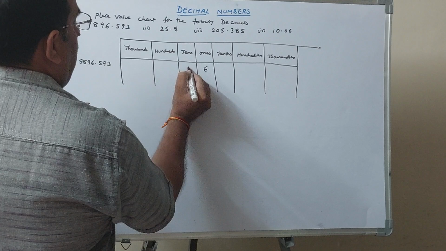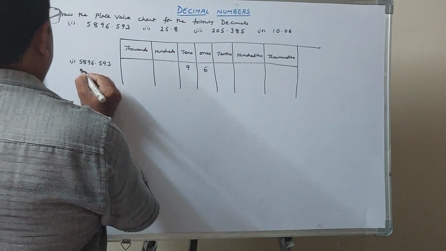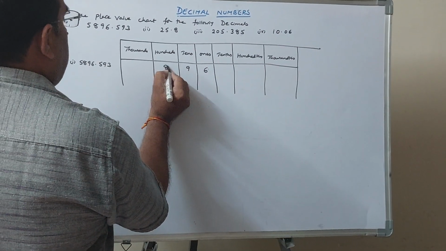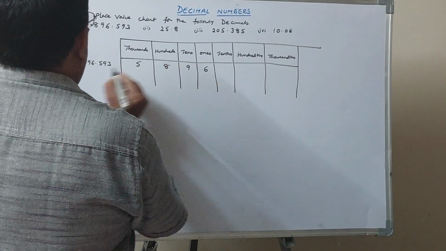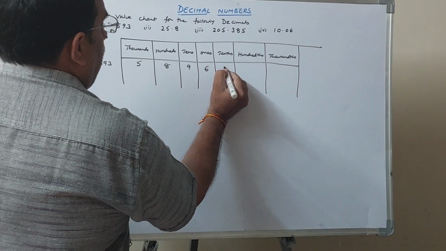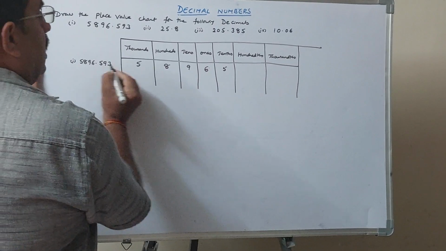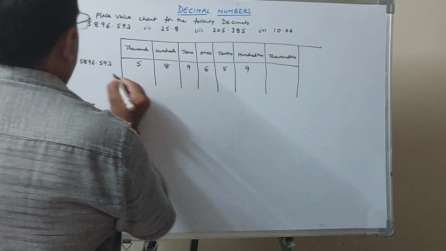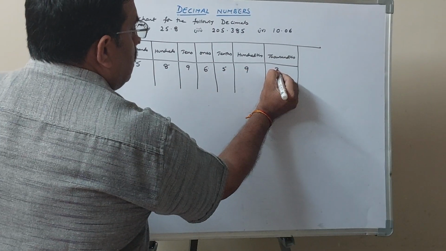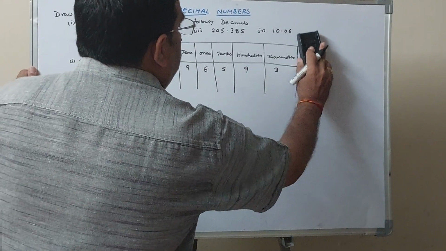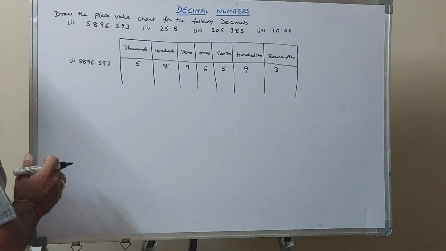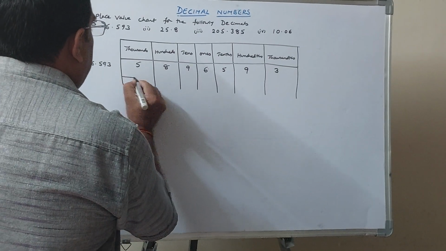Tens place is 9. 8 is in the hundreds place. And 5 is in the thousands place. And 5 is in the tenths place. And 9 is in the hundredths place. And 3 is in the thousandths place. Clear? Clear or not?